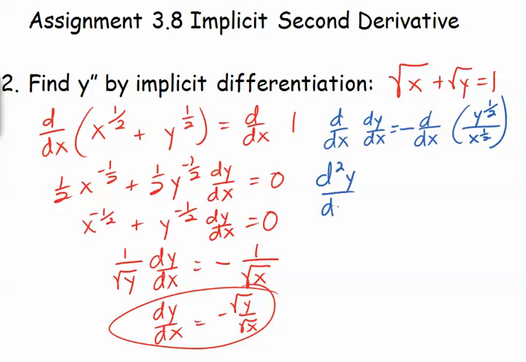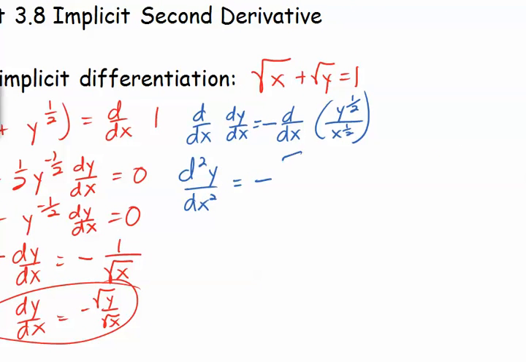So our second derivative will be equal to that opposite sign in front of our quotient rule.